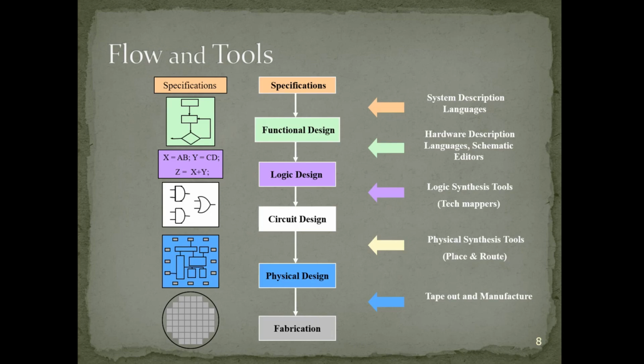Now, for this module, we're not really interested in the last two parts of this process, the physical design and fabrication, because we're not really manufacturing or designing integrated circuits. We're really just programming existing programmable logic devices like CPLDs and FPGAs, so complex programmable logic devices.